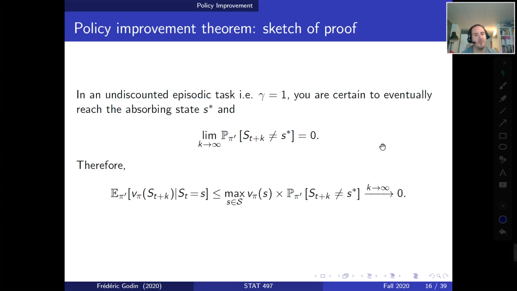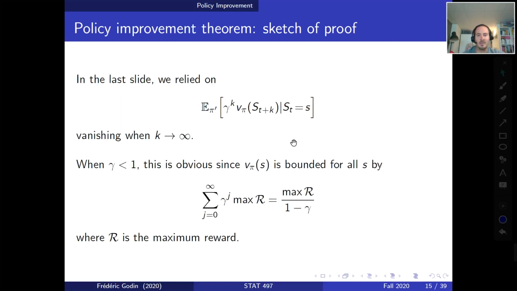We said that for episodic tasks, you're certain to reach that terminal state at some point, so the probability to not be in this state must converge to 0.